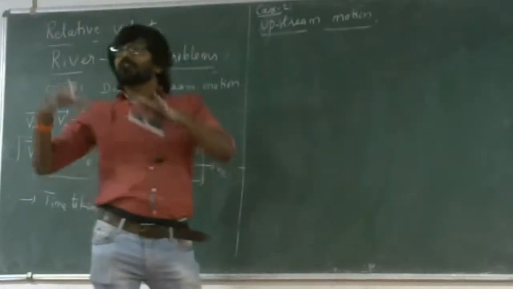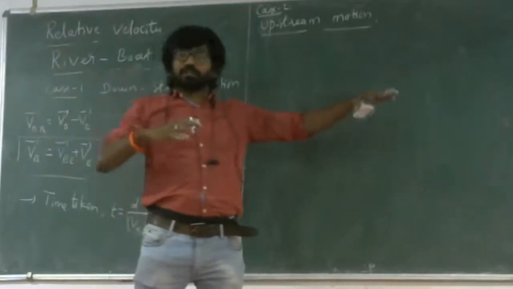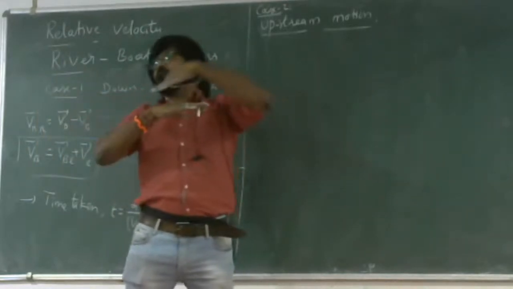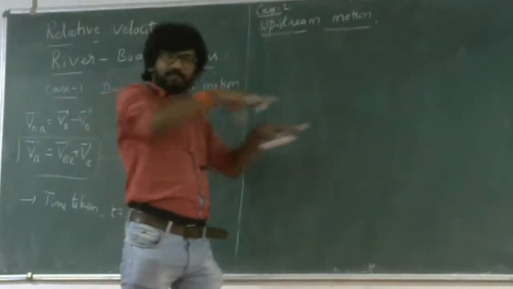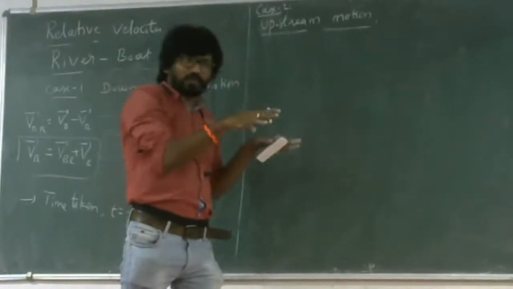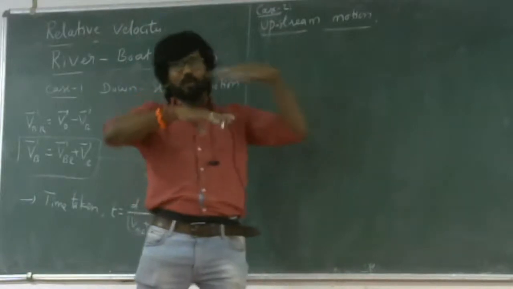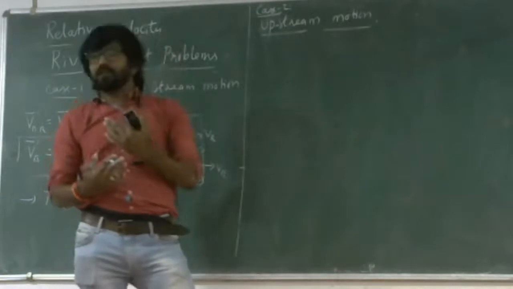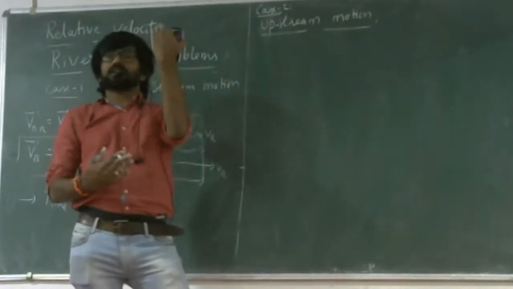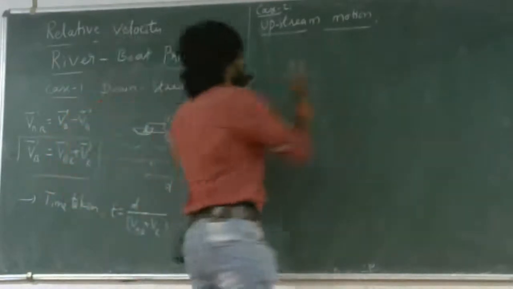Upstream means if the river is flowing in one direction, and the boat is moving in the opposite direction, that motion is called upstream. If the boat is moving in the same direction as the river flow, it is called downstream. If the boat is moving in the opposite direction to the river flow, it is called upstream.